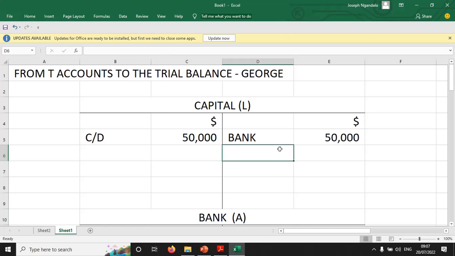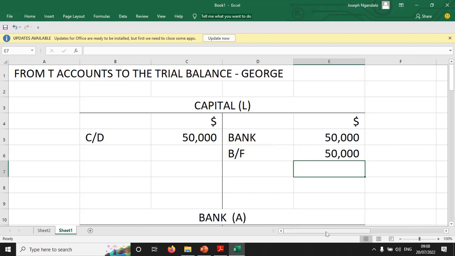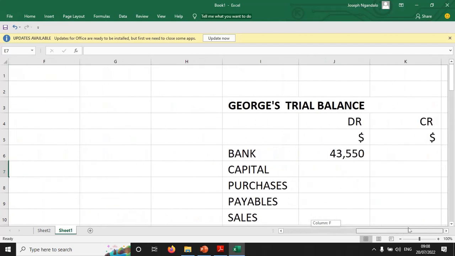And then where will your BF be? Your BF will be where? On the credit side. So you know exactly what is going on, isn't it? We are going to put the 50 where? On the credit in the trial balance.